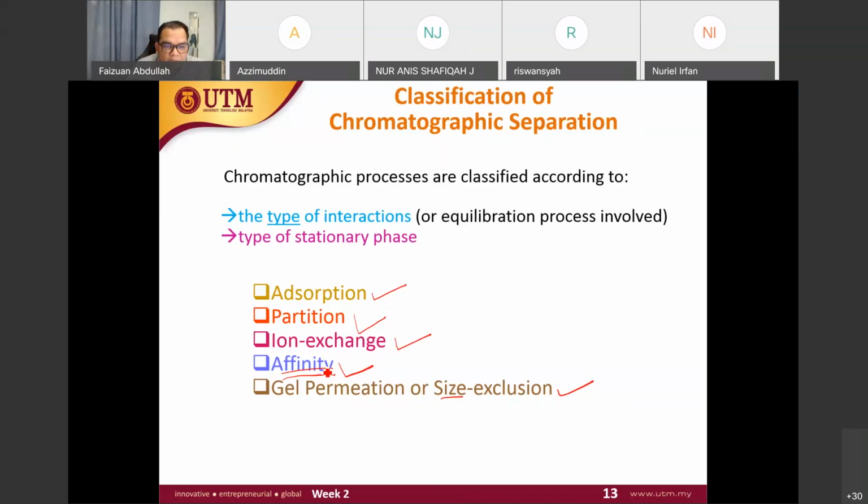So what is adsorption? Azmira Hani, are you there? Can you give me the idea what is adsorption?